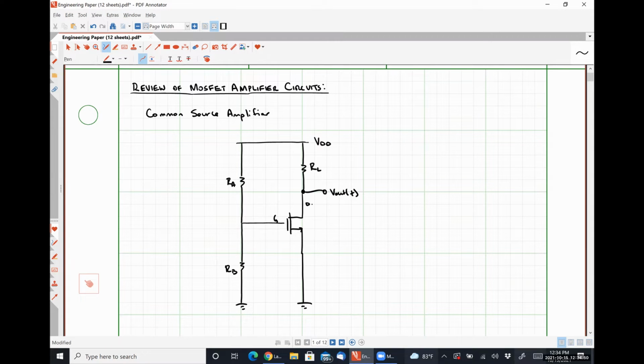This is our gate, our drain, and our source of our transistor.